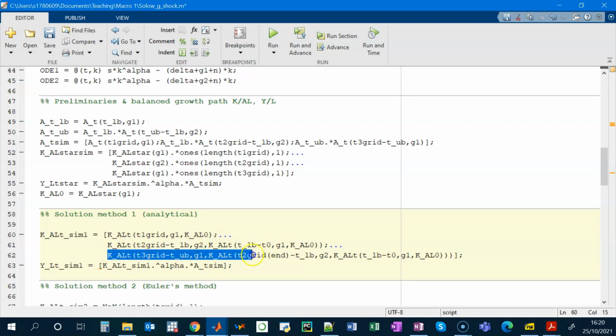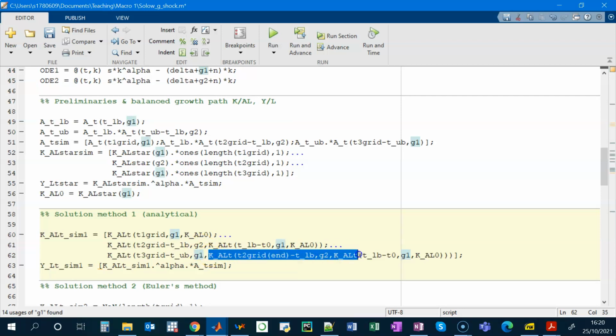And in the third time series here, I'm doing the exact same thing. I'm plugging in the time indices for T upper bar till cap T. I'm plugging in the lower growth rate again because we're now in the lower growth region.